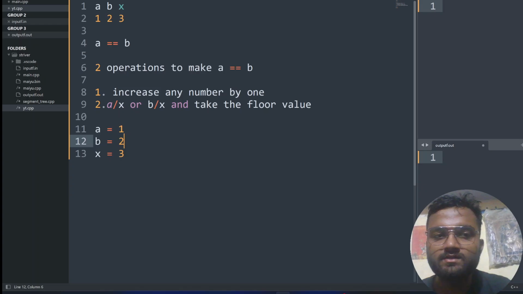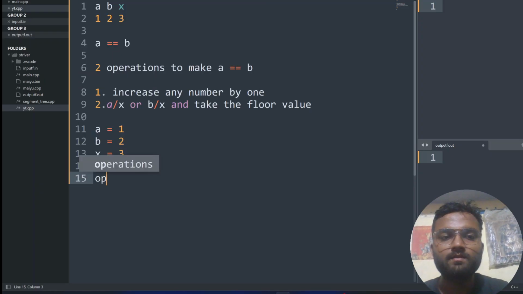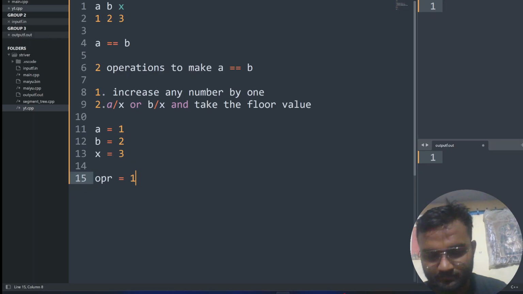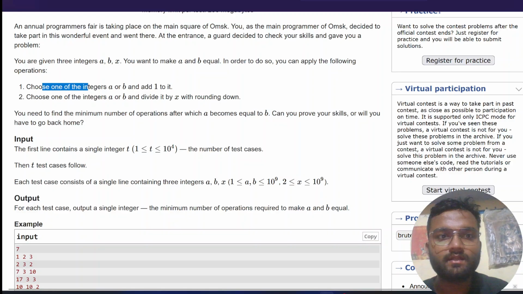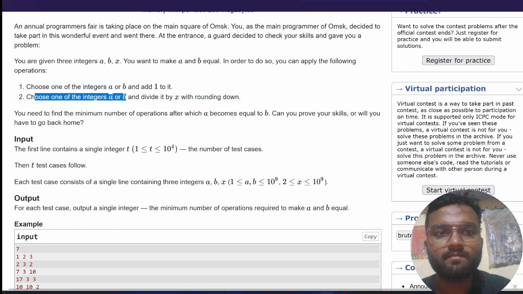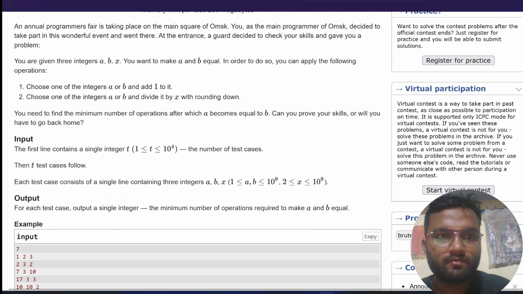We can simply increase a by 1 and a and b become equal, so the number of operations is 1. We can choose one of the integers a or b and add 1 to it, or choose one of them and divide it by x with rounding down, and we need the minimum number of operations.